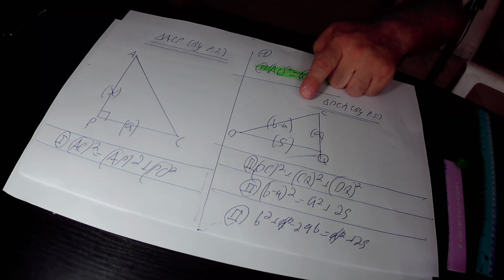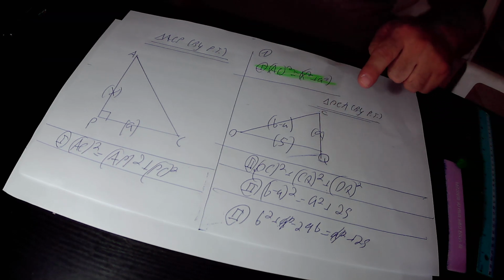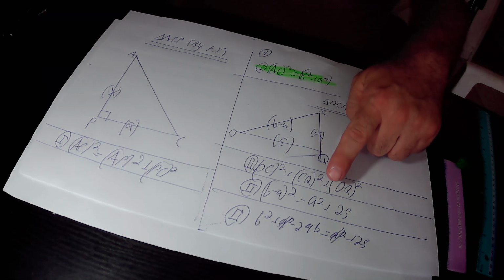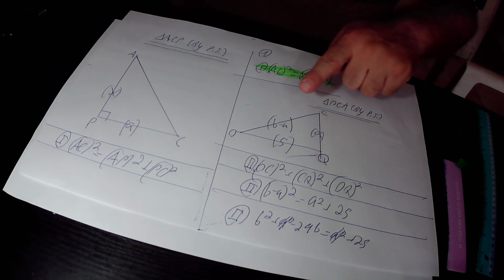OC is B minus A, therefore OC square is (B minus A) square, and it equals CQ square. CQ is A, therefore CQ square is A square, plus OQ square.